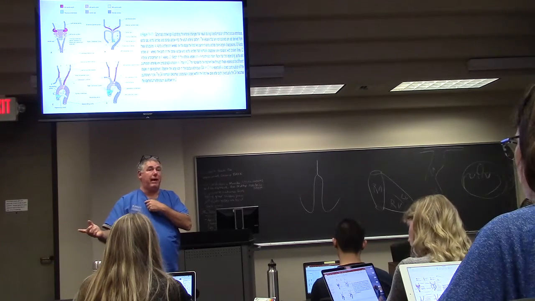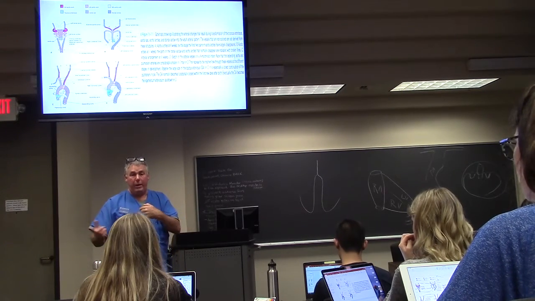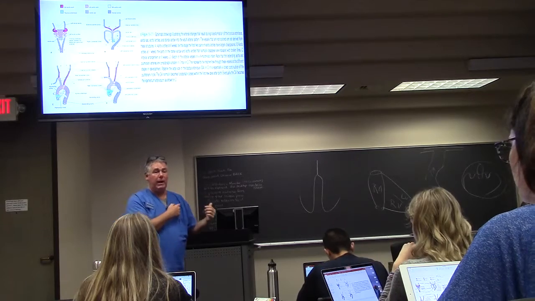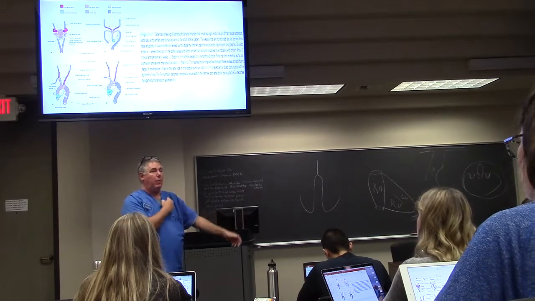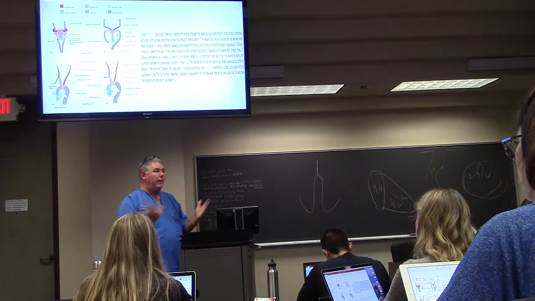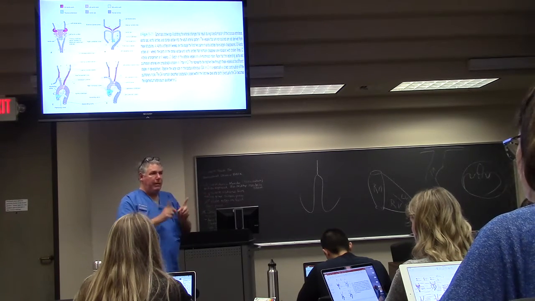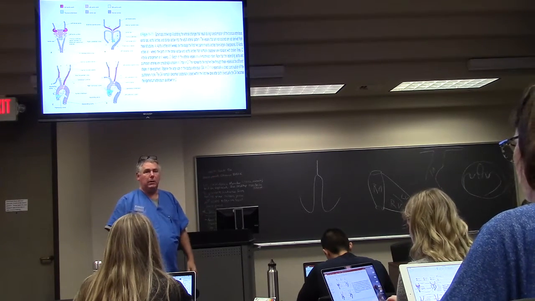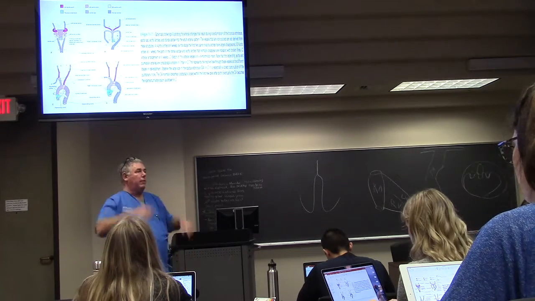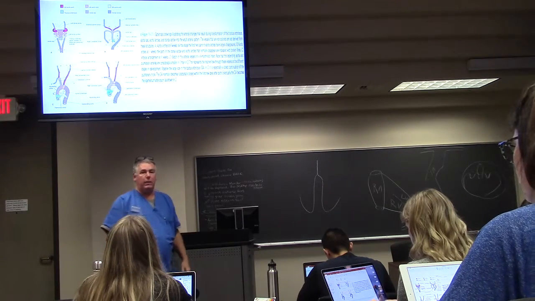That's the brachiocephalic artery. You only have one, right? Because on the other side, the subclavian and the common carotid come off separately. Why are they not symmetric? Why don't they just have two brachiocephalic arteries? It's because of all this craziness going on here.